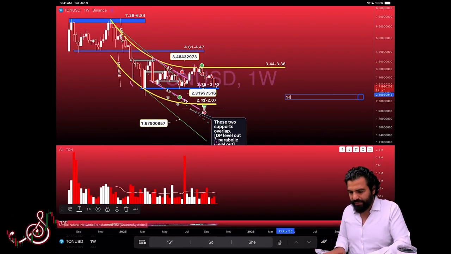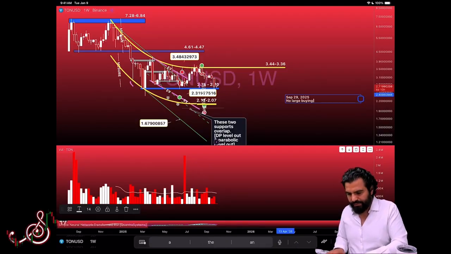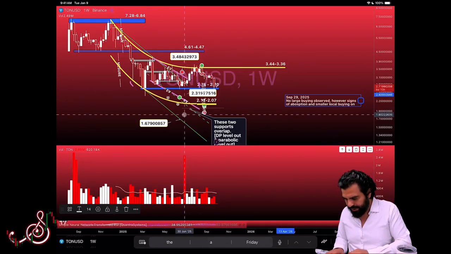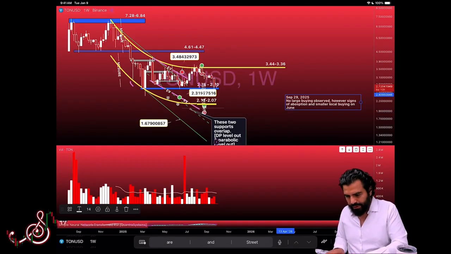Okay. September 28th, 29th, 2025: no large buying observed. However, signs of absorption and smaller local buying on the date of June 30th, 2025, indicate that that price may have a bounce.